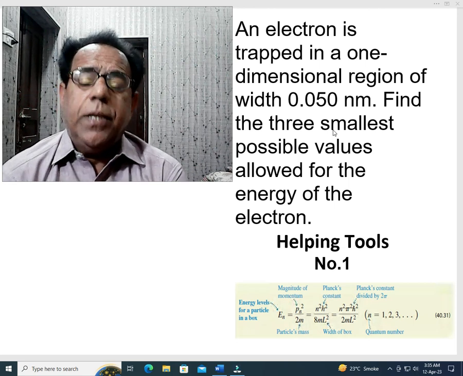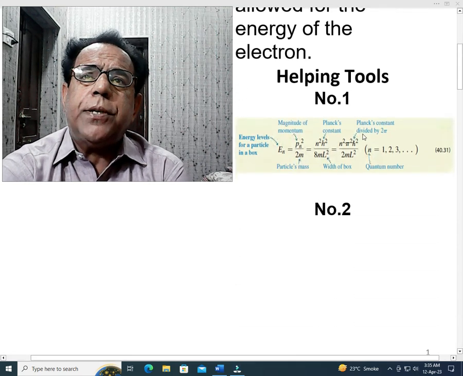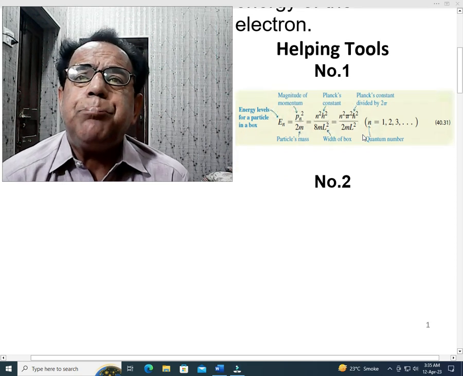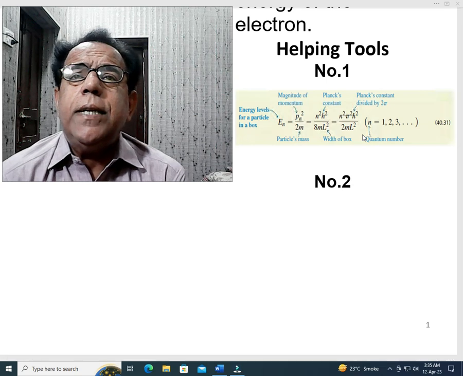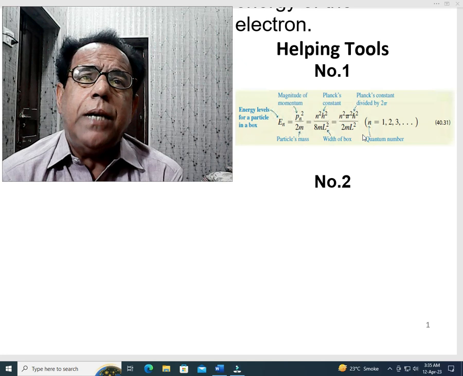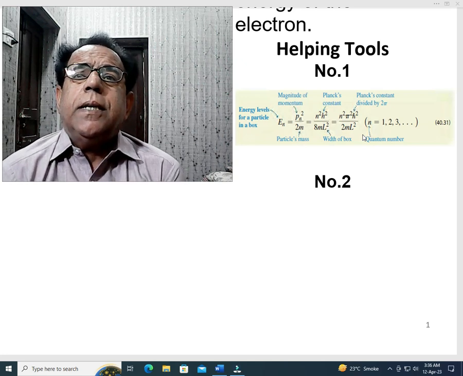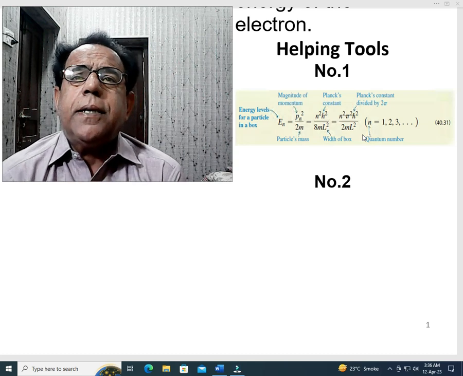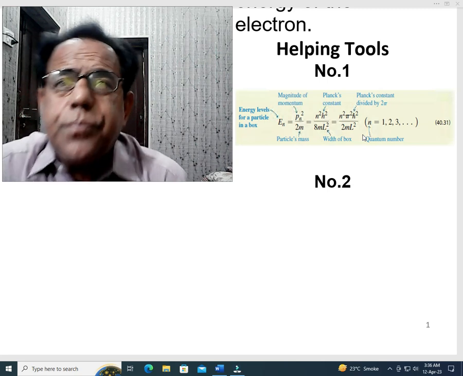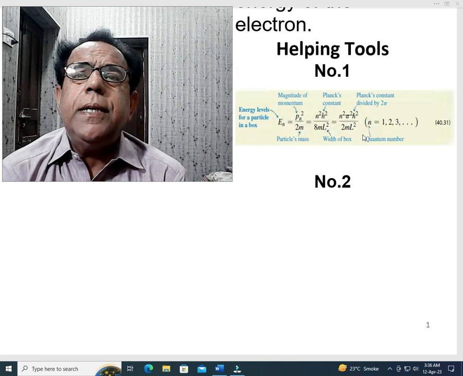As usual, we first come to its toolkit. Helping tools. Tool number 1. Dear students, this tool has also been used in our previous problem. Energy levels for a particle in a box.